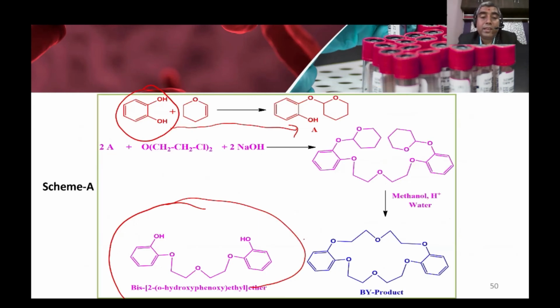So here we can see in scheme A, catechol by this reaction gives the final product, the quinquedentate ligand. This is bis(2-orthohydroxyphenoxyethyl) ether. And this is the byproduct, dibenzo-18-crown-6, which has a strange solubility behavior.